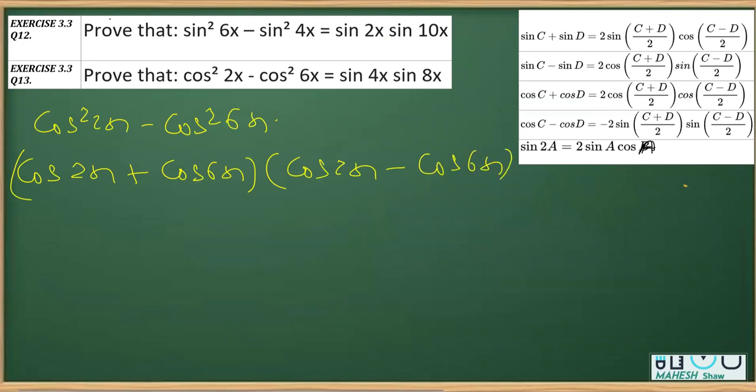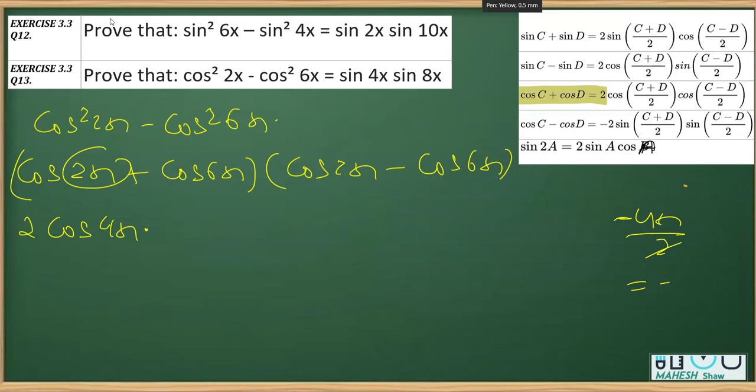Now, we are going to apply cos c plus cos d in the first case, which is 2 cos of c plus d by 2, that is 2x plus 6x, 8x, 8x by 2 is 4x, into cos of c minus d by 2. So this is 2x minus 6x, which is minus 4x, by 2, which is equal to minus 2x.